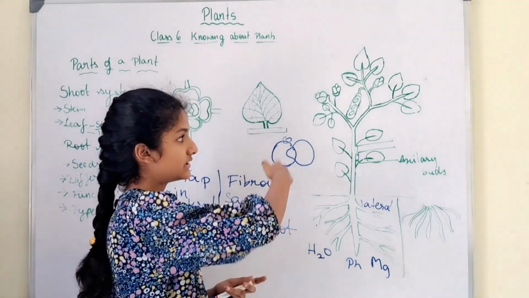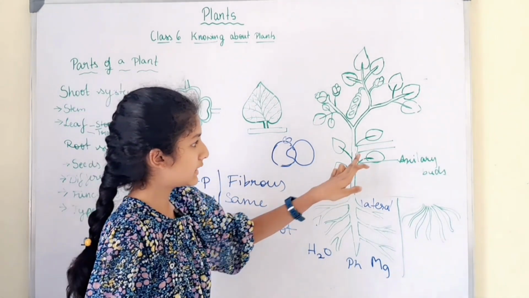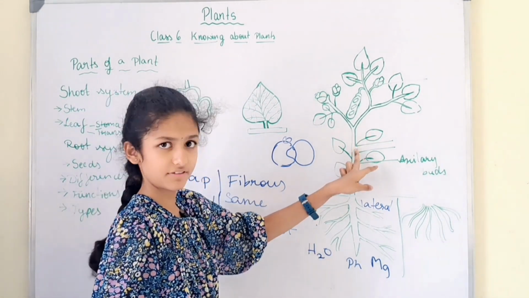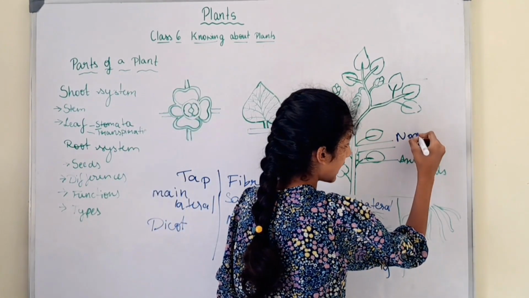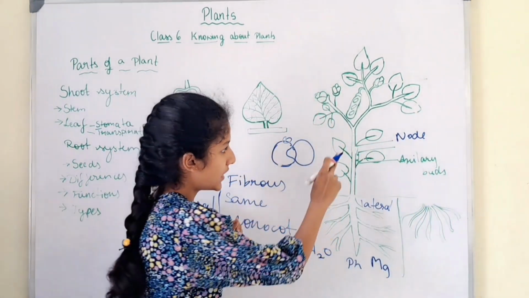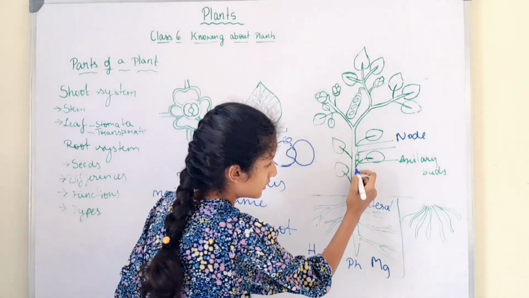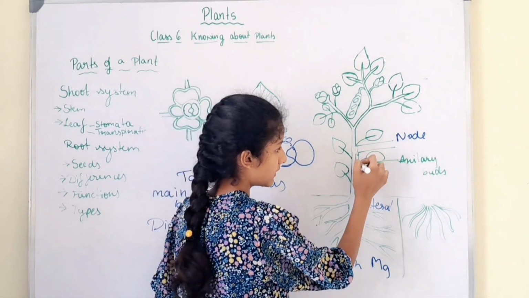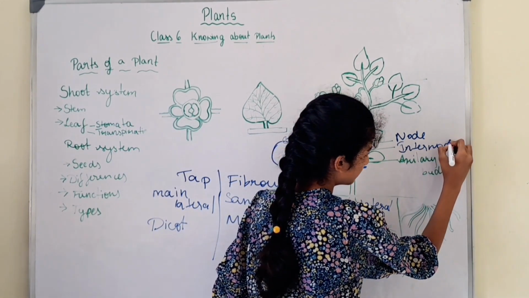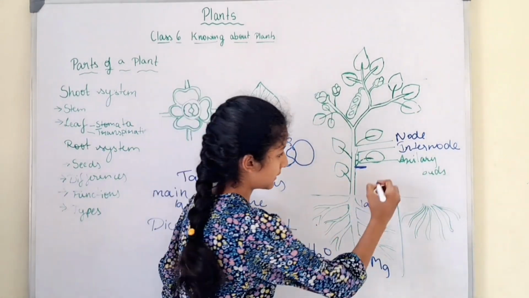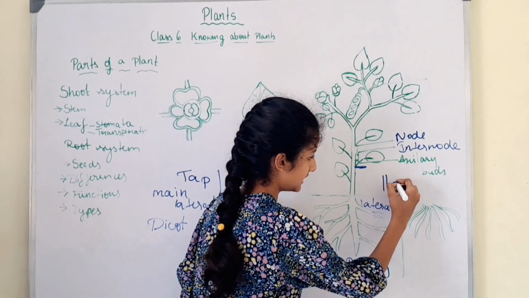Let us know the different structures present on the stem. The point at which a leaf touches the stem is known as a node. And the space between one node and another node is known as an internode. Suppose there is a stem and here's a leaf.